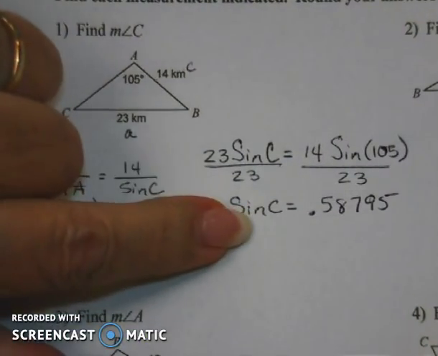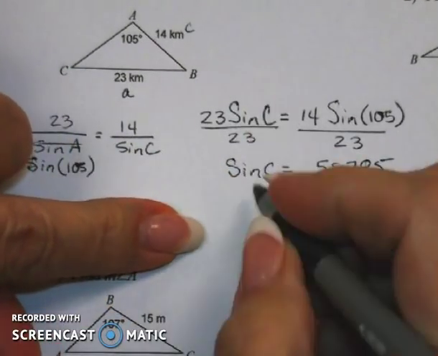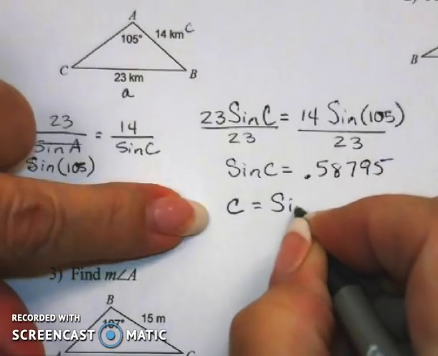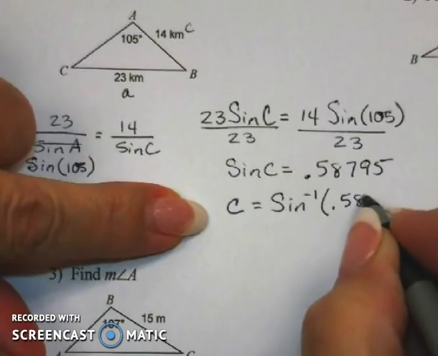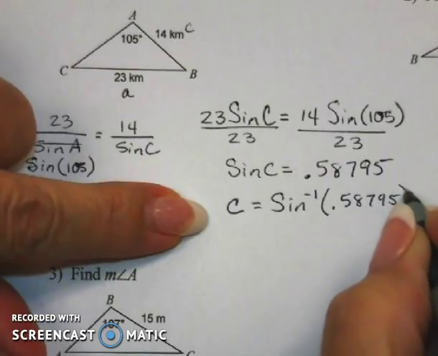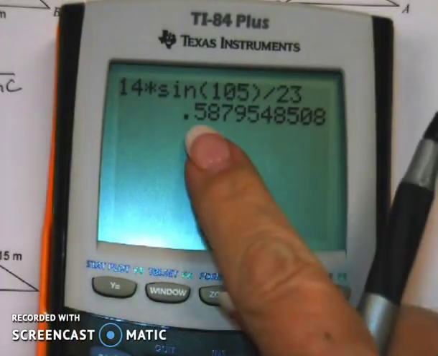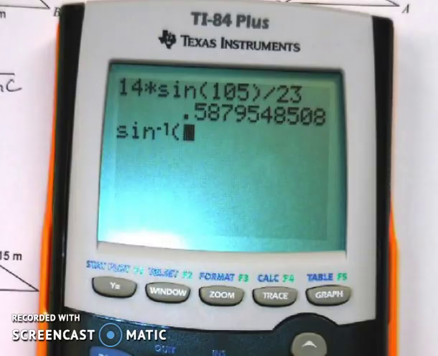Now I'm still trying to find the angle. So please remember, to find angle C, I have to do inverse sine of 0.58795. And again, I'm going to just put that in my calculator.